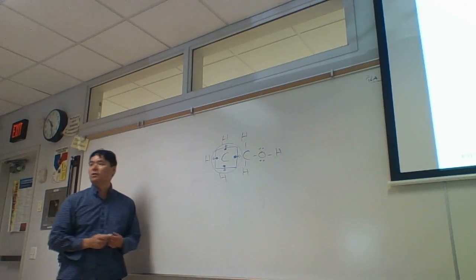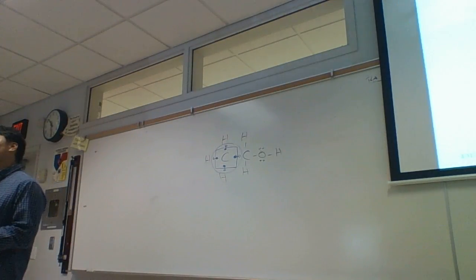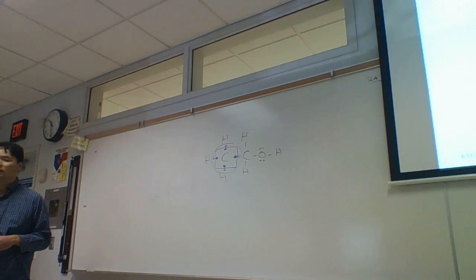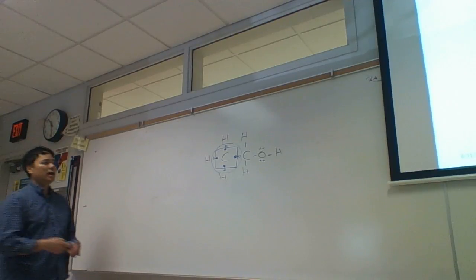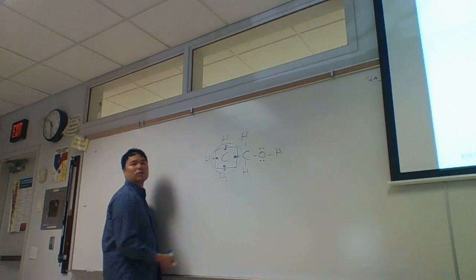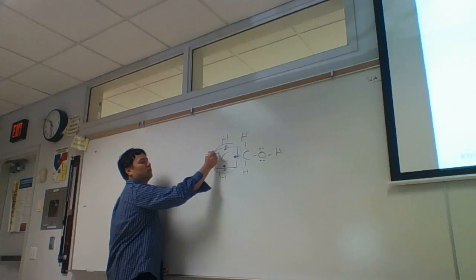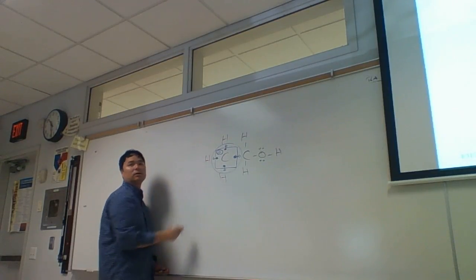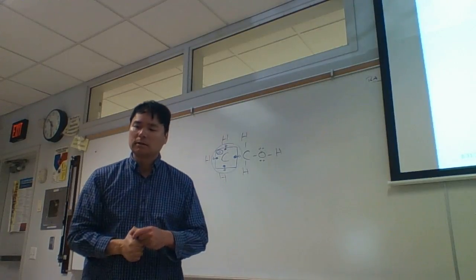Four electrons belong to carbon. How many valence electrons is carbon supposed to have? 4. So it has 4 electrons, and it's supposed to have 4 electrons. It broke even. So the formal charge is 0 on carbon.